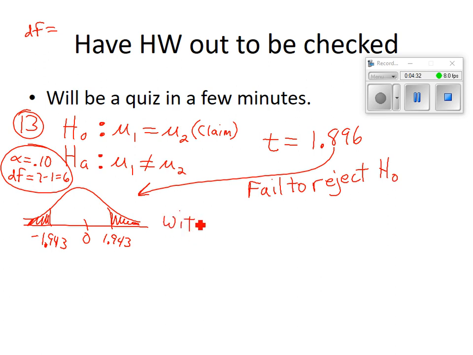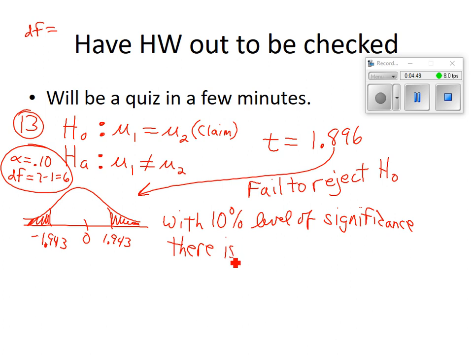First part, with 10% level of significance, the claim was the HO.